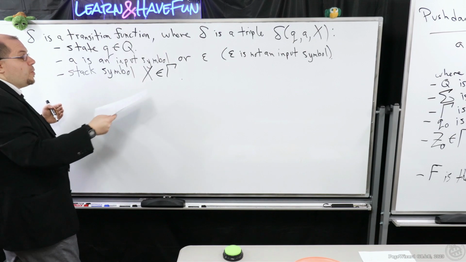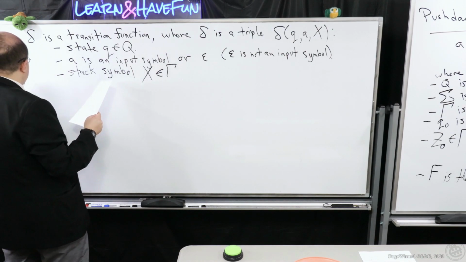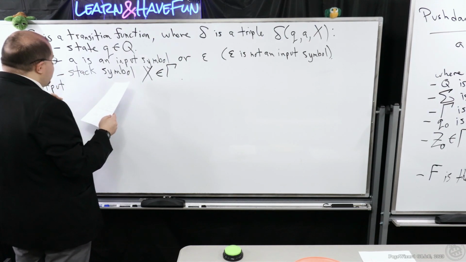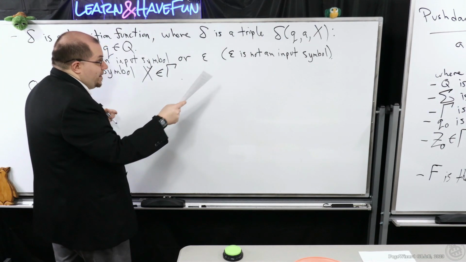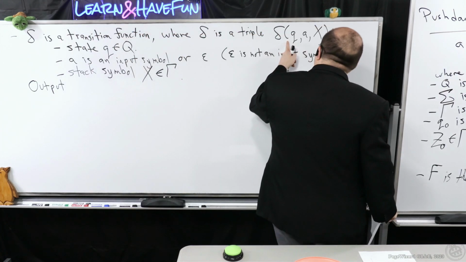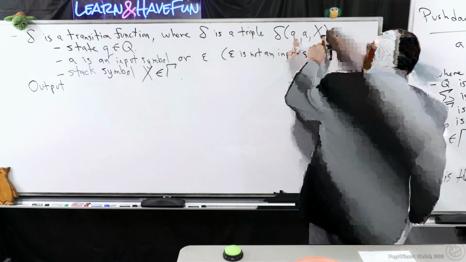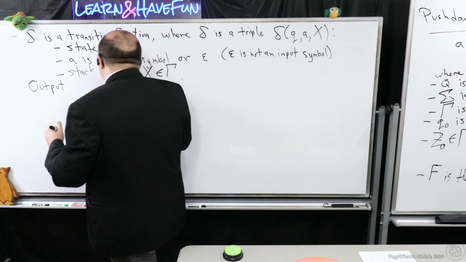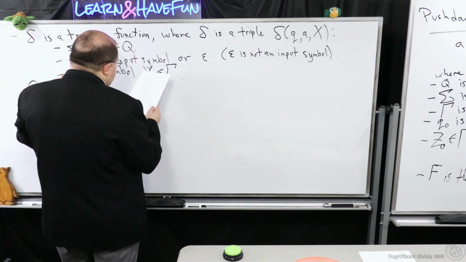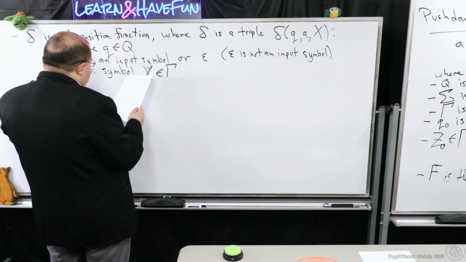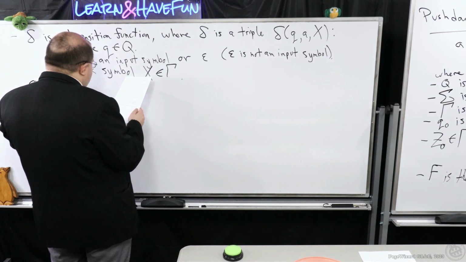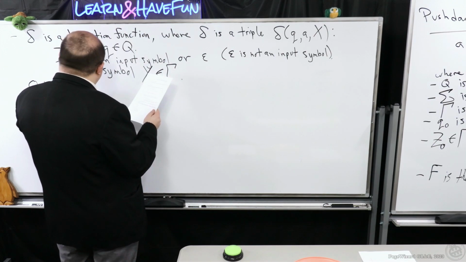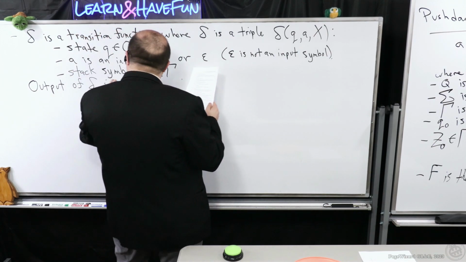Now, I haven't told you what this triple outputs for the transition function. Everything I've told you up to this point should give you an idea of what is going to come out of this: a state, a symbol or epsilon, and a stack symbol. The output of delta is a finite set.